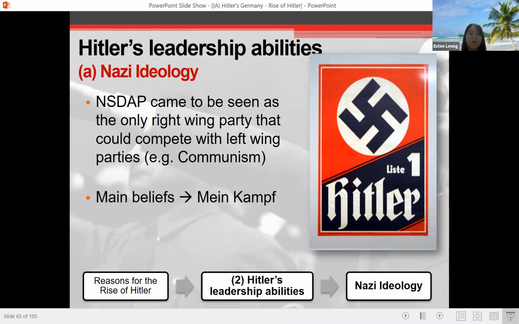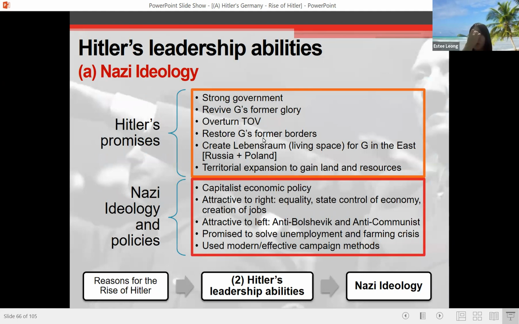People reach for more extreme solutions, parties that promise them the world, parties that promise them the solution to all of their problems. And that's usually those with very extreme policies such as communism, or in this case, Nazism. So these were Hitler's promises.